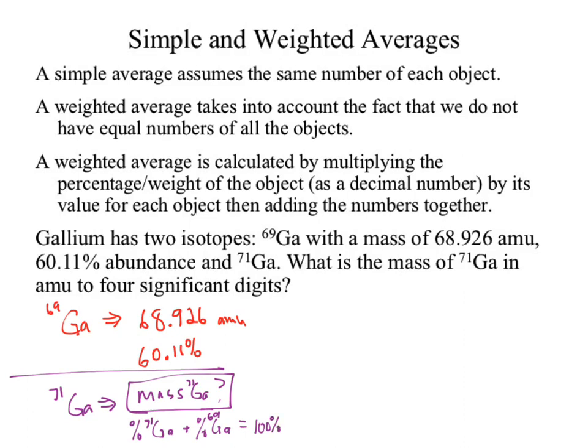Because I know the percent of gallium-69, I can now go through and solve. And we get 39.889%. Okay. Ballpark 40, not bad. Okay, cool. Now what do I do?